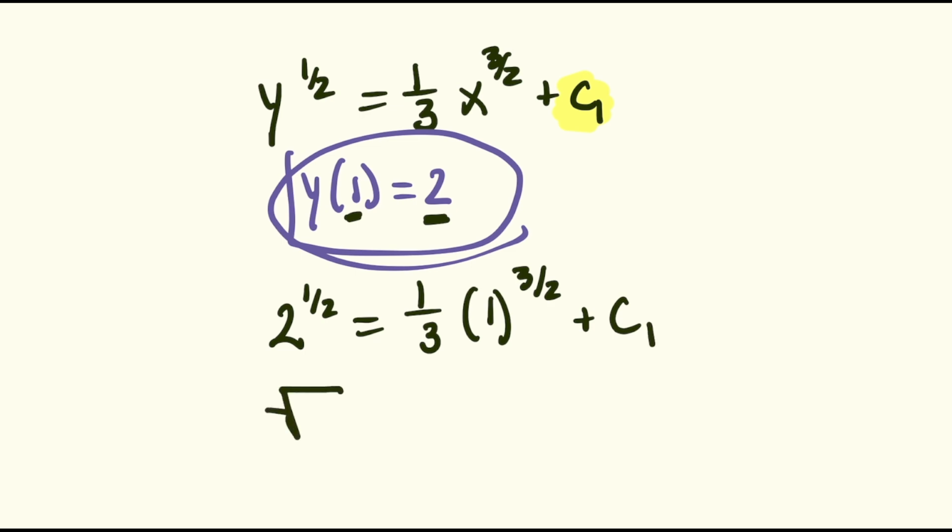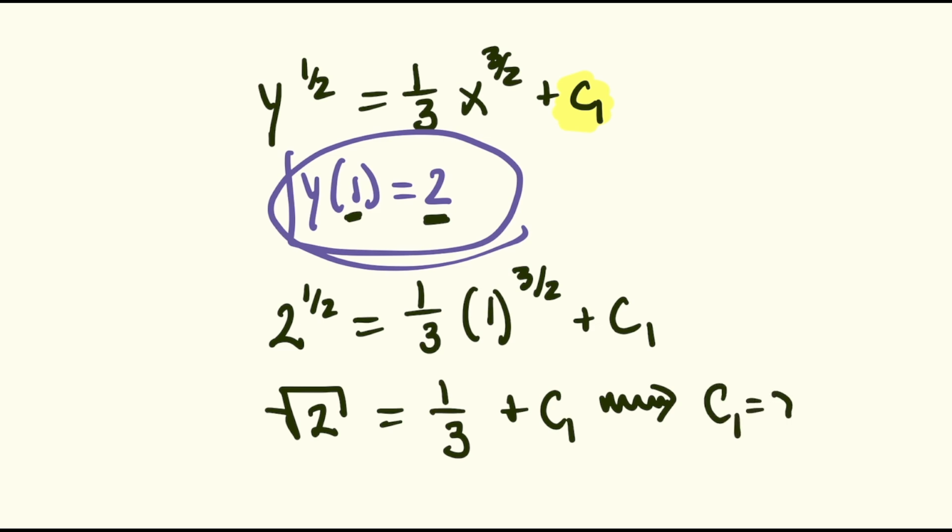So we are going to rewrite this one more time. I'm going to change that 1/2 to a square root symbol. It's going to look a little bit nicer here. And we get root 2 equals 1/3 plus c1. And if we solve this, we get c1 is equal to root 2 minus 1/3. So that is our solution for c1.